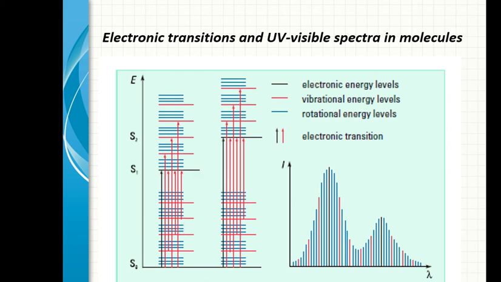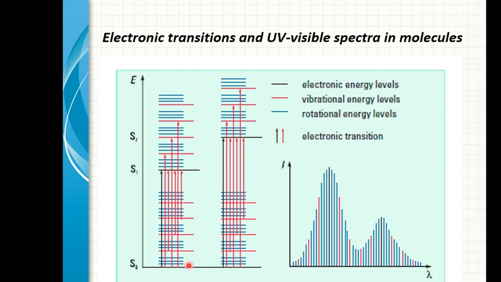Look here, when we introduce higher energy to this molecule, the electron transfers from lower to higher. This is electronic transition. When the energy is less, the molecule moves from a lower vibration to a higher vibration. With the lowest energy, rotational, from lower rotational to higher rotational.